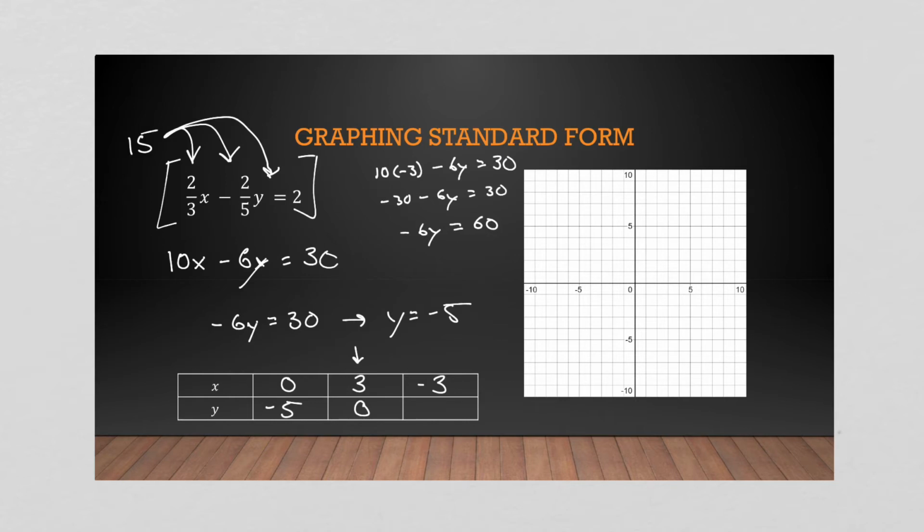Add 30 to both sides, and then divide both sides by -6. y equals -10. So we can plot these 3 points now. 0, -5. 3, 0. -3, -10. And sure enough, there's my lovely line.